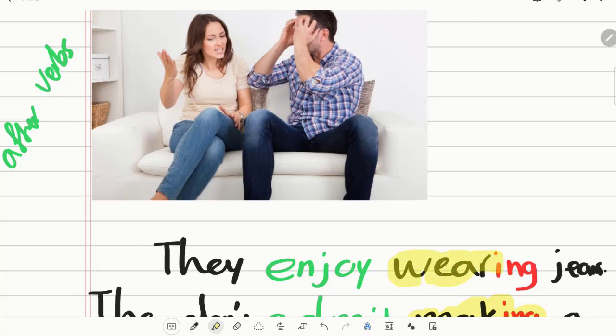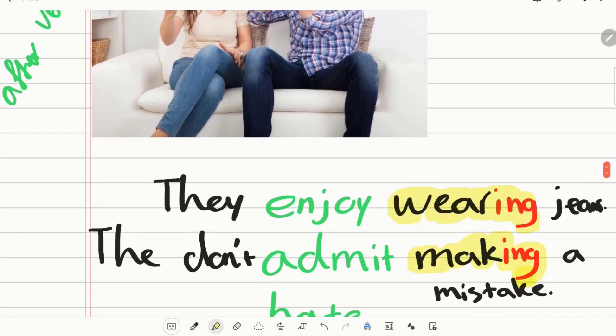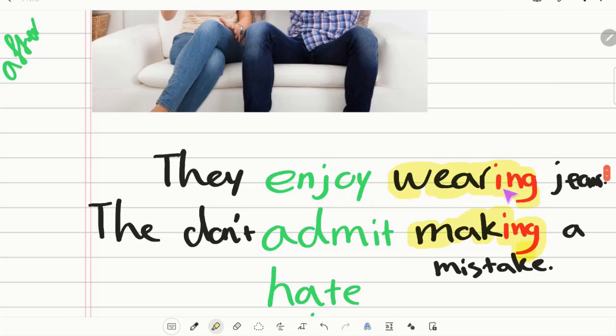Again, this wearing is a gerund, and because we have enjoy, we used a gerund after that. And also you can think about an example with hate. For example, what do they hate, or what do you hate? I hate playing basketball, and so forth.